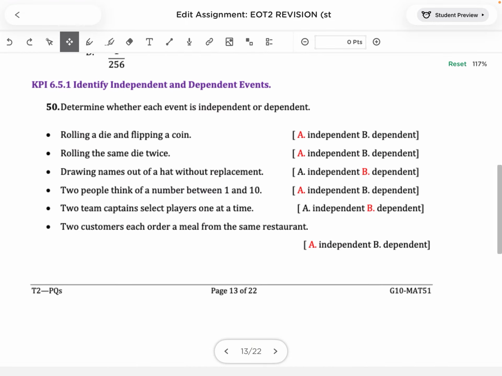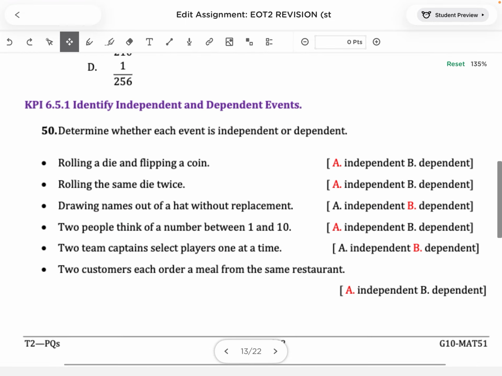Repeated question: independent and dependent events. How would we know if the events affect each other? If they do, they are dependent events. Otherwise, they are independent. For example, rolling a die and flipping a coin: there's no relation between the two, so independent. Rolling a die twice: independent, because what happens in the first roll will not affect the second roll.